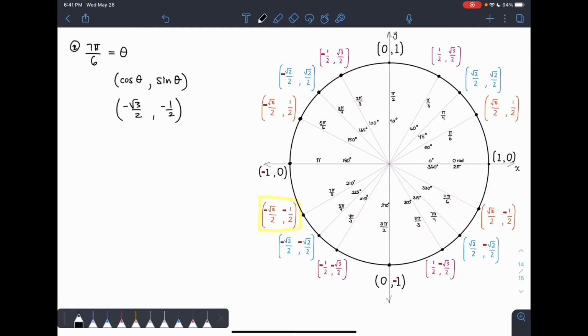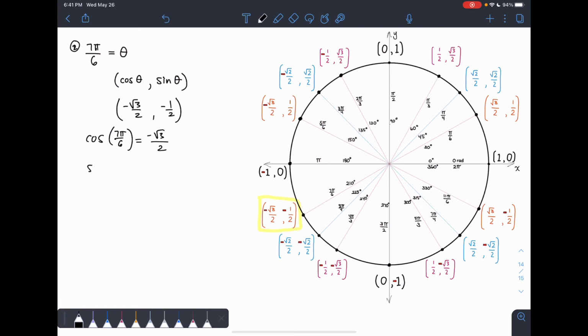Okie dokes. So from these points, we can obtain cosine and sine of theta. So we say cosine of 7 pi over 6 is equal to the x value, negative root 3 over 2.